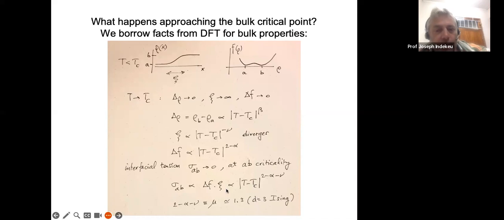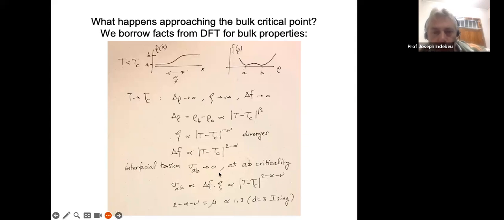But this length here is in fact the correlation length. And so in a representation of the theory, which is called scaling argument, this product will determine how the interfacial tension behaves near the critical point.